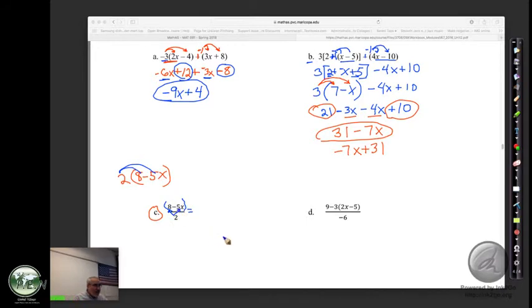But I don't multiply them by 2, I divide both of them by 2. It's a fraction. So really I'm making 2 fractions. I'm going to take 8 divided by 2. And then this little sign in between them says to subtract 5x divided by 2.